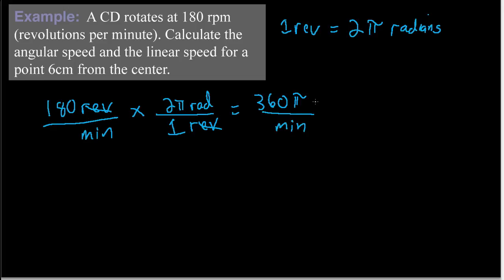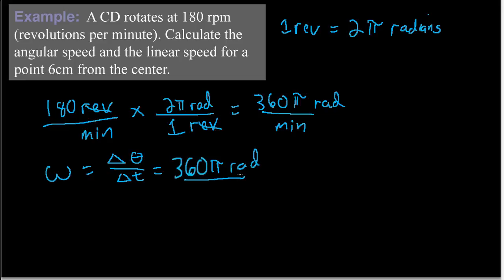Radians aren't really a unit, but I'm going to include them here so that we don't get lost in what we're doing. In order to calculate the angular speed, we know that the angular speed is change in angle over change in time. Since I just figured out that 360 pi radians per minute is a change in angle over a change in time, we already have that answer, 360 pi radians per minute.